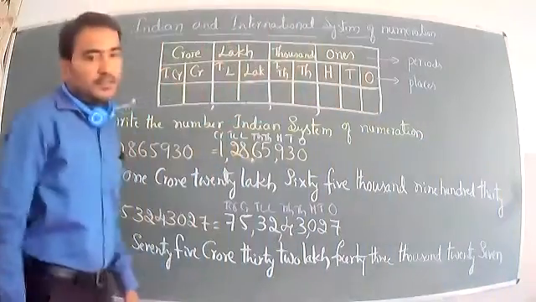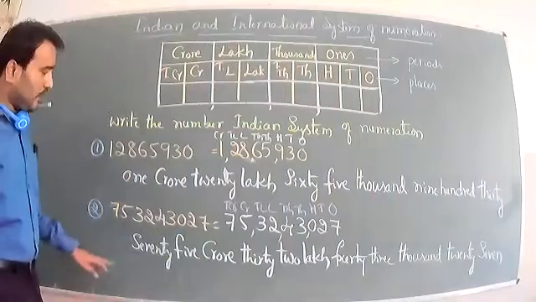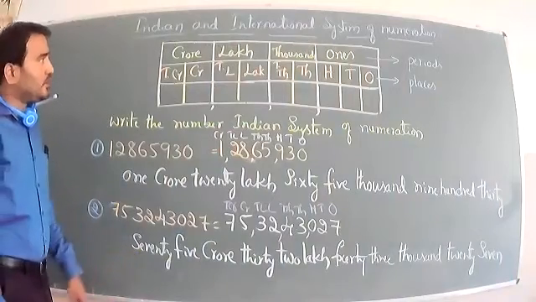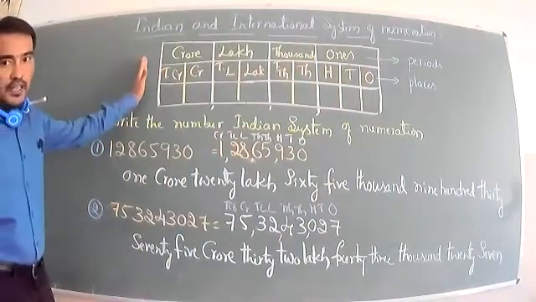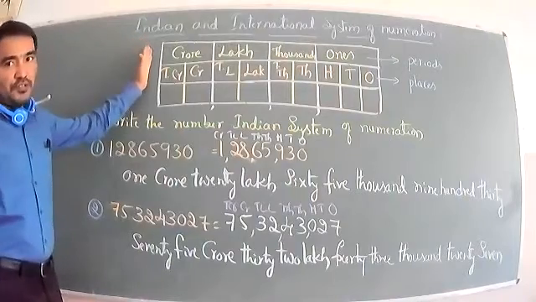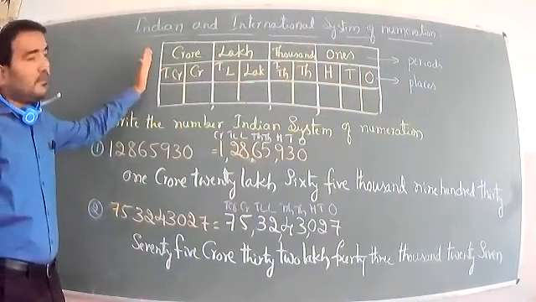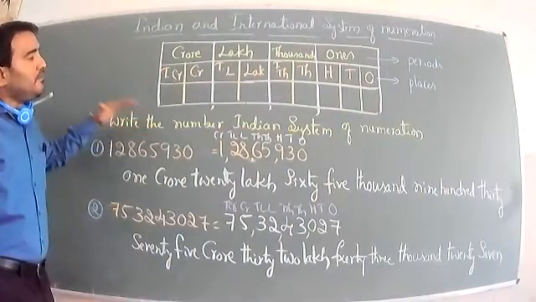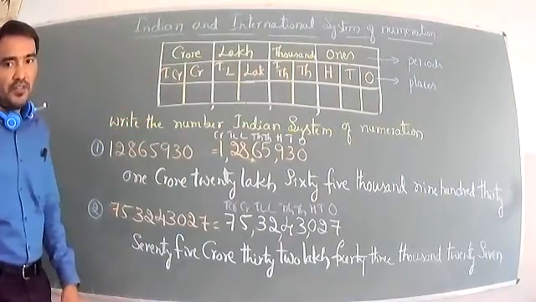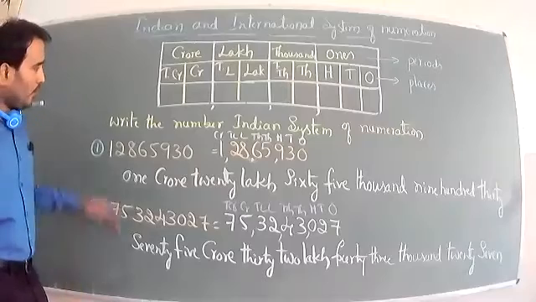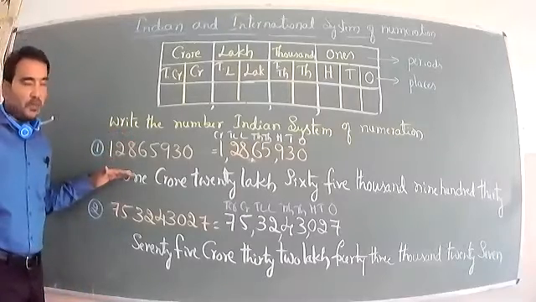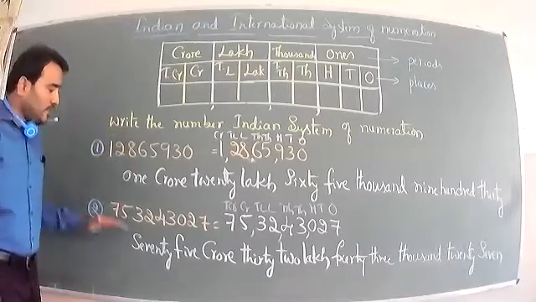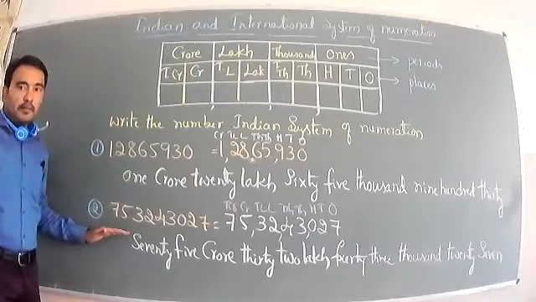Okay, this type we should write the number name. This is the Indian system of numeration. First, write the place value chart of the Indian system of numeration. Then write the number name using the Indian system of numeration. Okay, first how to put the periods, and then write the number name.